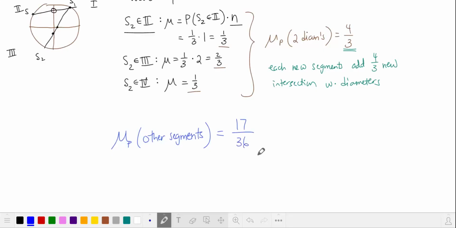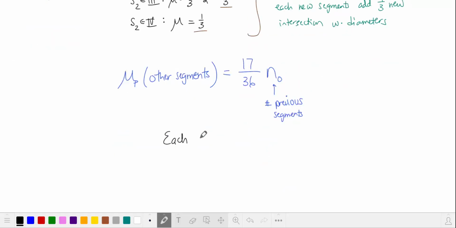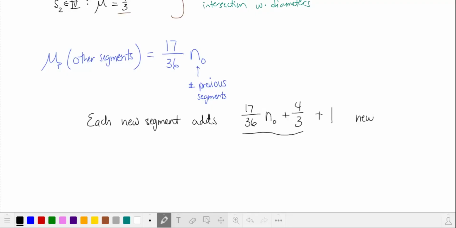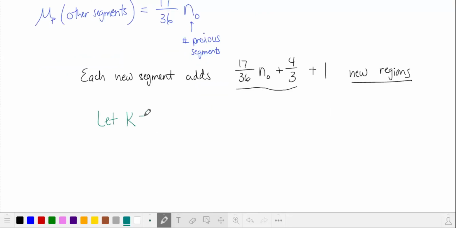17/36 for each previous segment. So I'll multiply this by n0, the number of previous segments which are already on the circle before we draw the next one. So each new segment adds 17/36 times n0 plus 4/3. These are our new intersecting points, plus 1 for new regions. So let's let K be n0, the number of segments already on the circle.